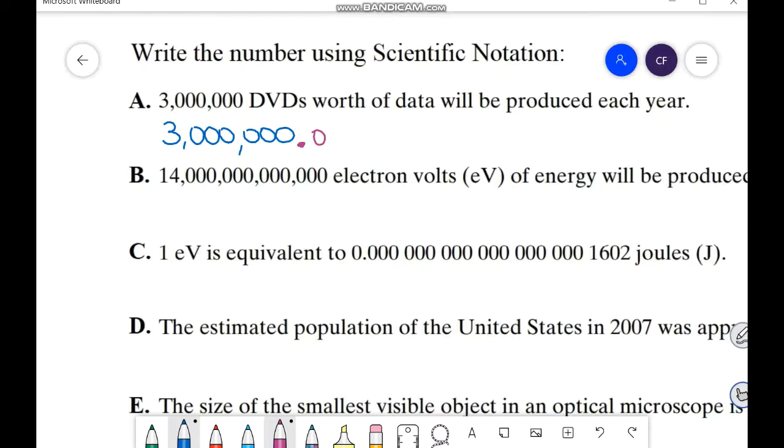We're going to move the dot all the way to the first significant digit, which is 3. So move 1, 2, 3, 4, 5, 6 places. And the answer is going to be 3.0 times 10 exponent 6.